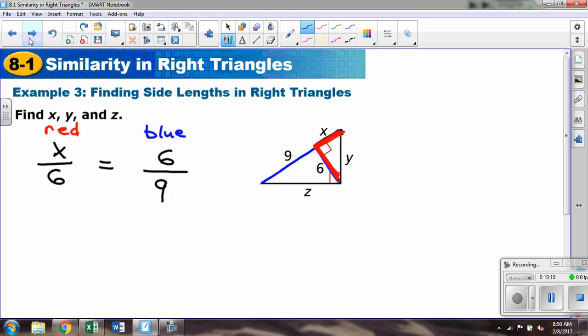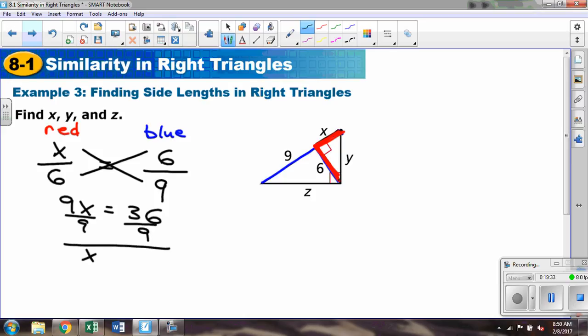Now that I've got my proportion built, cross-multiplying, 9x equals 6 times 6, which gives me 36. Divide out by 9, and I get x is equal to 4. Awesome. Got that piece. That's one problem. I still have to continue and figure out y. I still have to continue and figure out z.